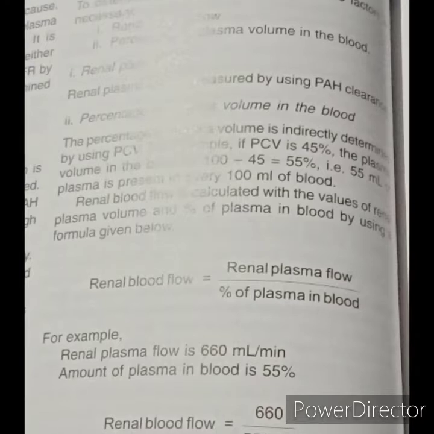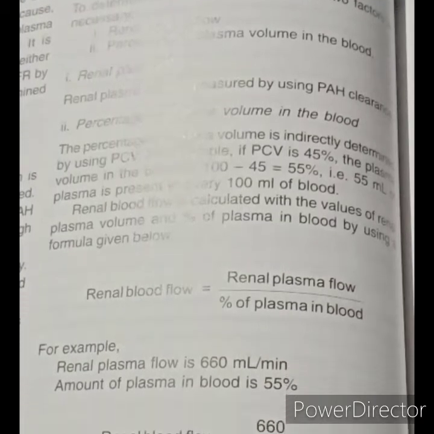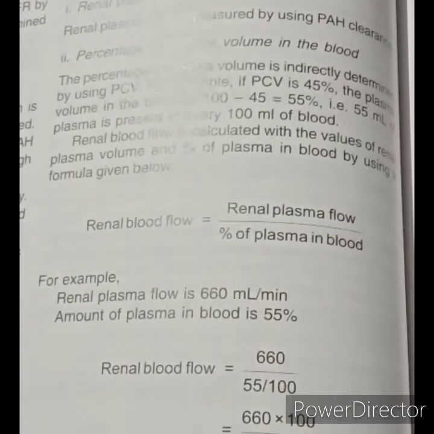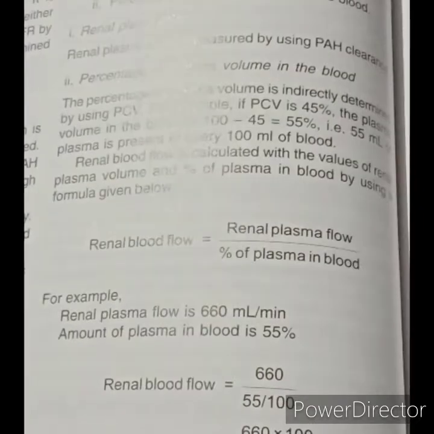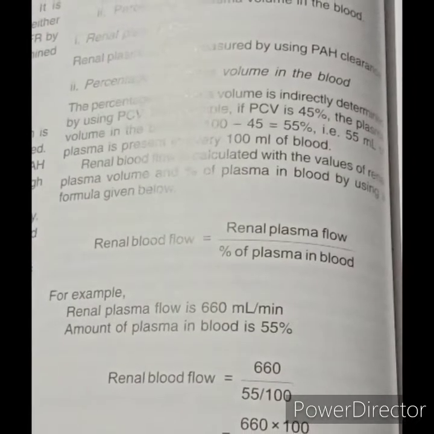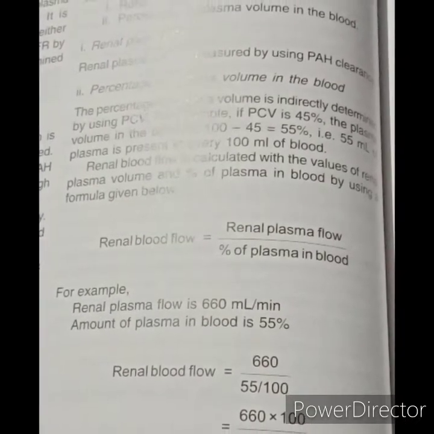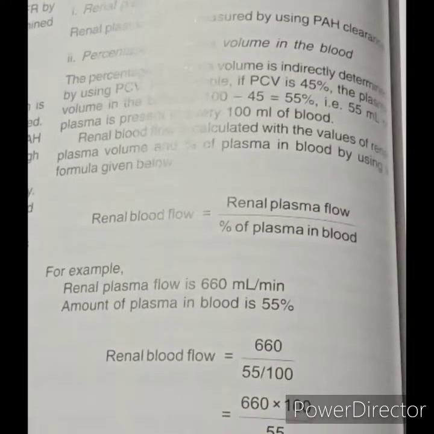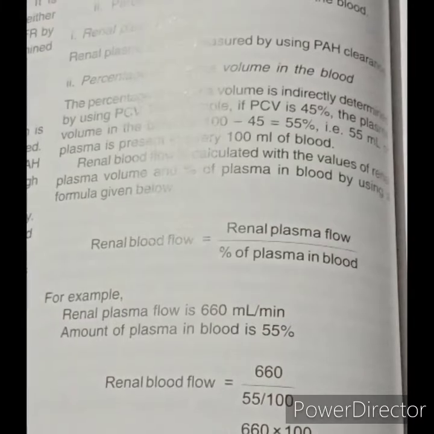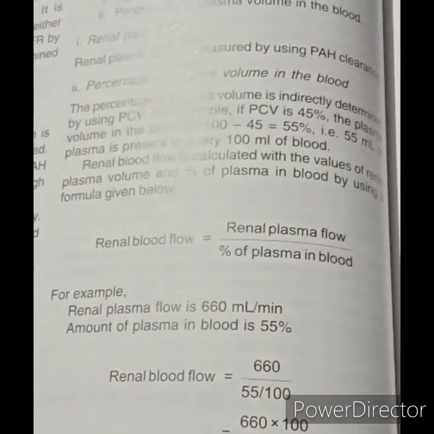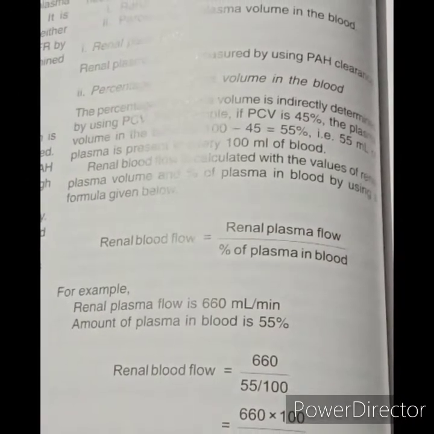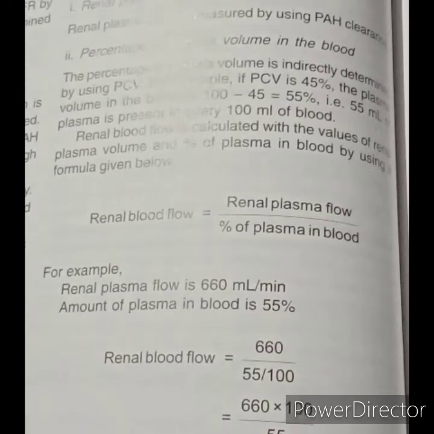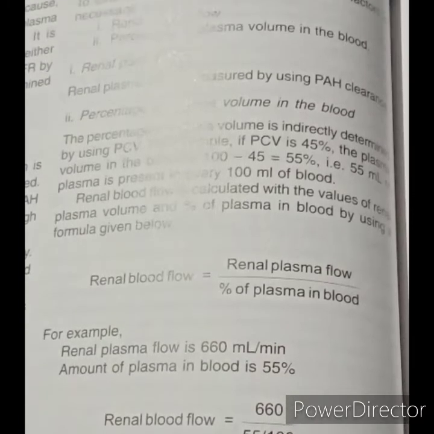Fifth, crystal. Several types of crystals are present in normal urine. The common crystals are the crystals of calcium oxalate, calcium phosphate, uric acid and triple phosphate: calcium, ammonium and magnesium. The abnormal crystals such as cystine crystal and tyrosine crystal appear in liver disease.